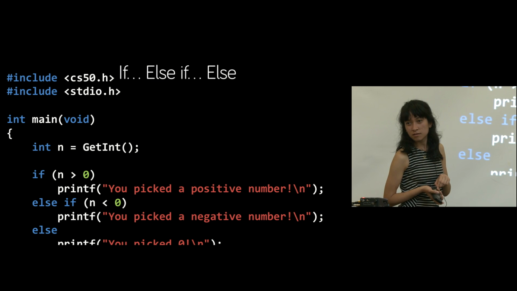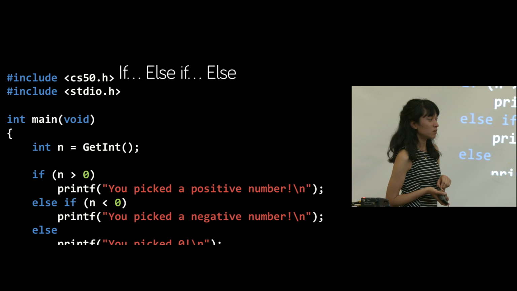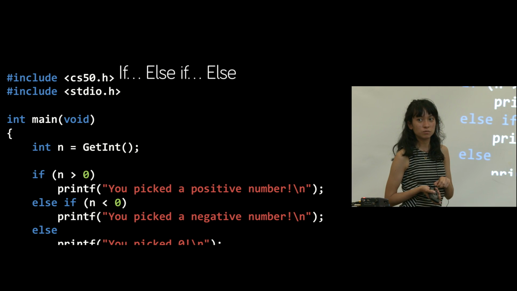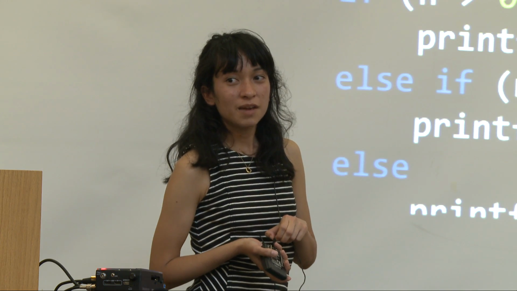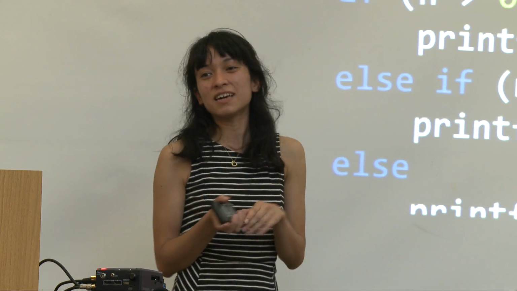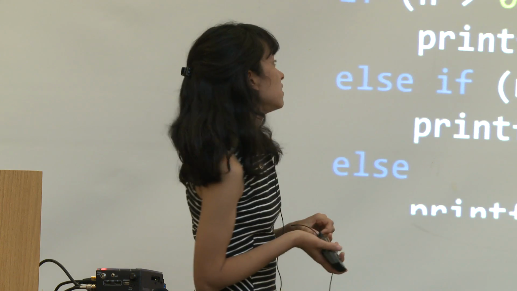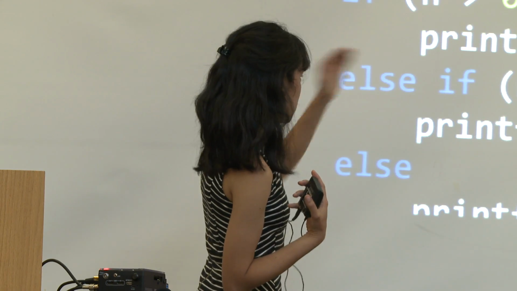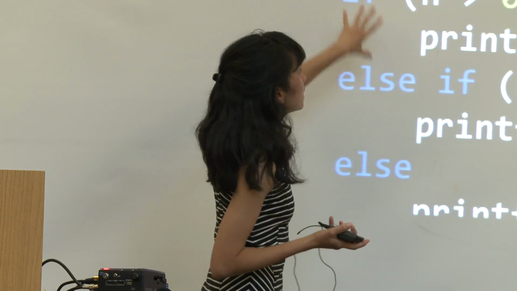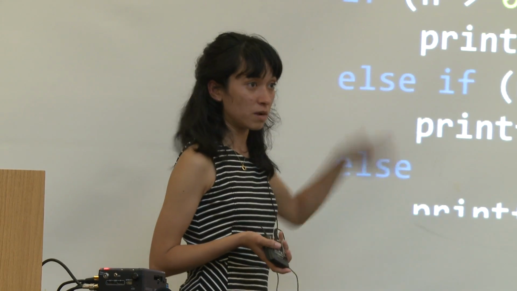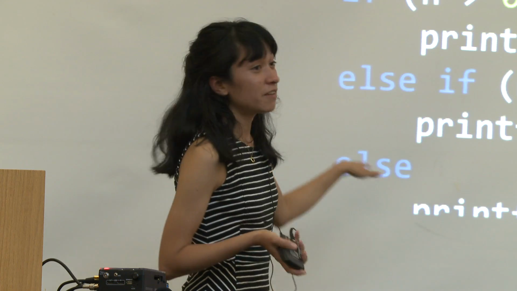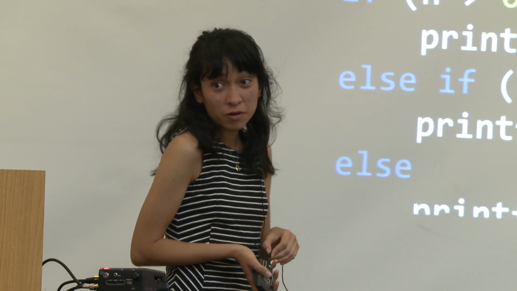If the two conditions are not mutually exclusive and you want only one of them to run. I mean, yeah, there are always going to be lots of ways that you can do this. You can definitely nest them. And you'll see in a future slide that you can have multiple ifs, just one after another.